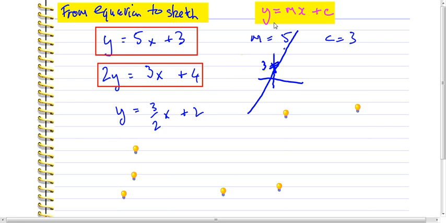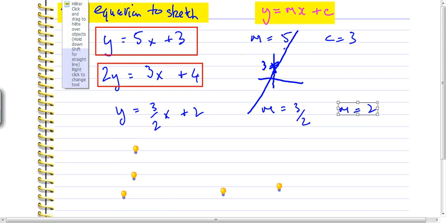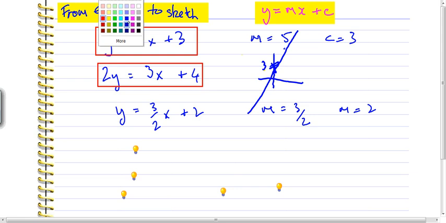Then, comparing with our standard form, which we can now do because we've got it in the form y equals mx plus c, we see that m is 3 over 2 and c is 2.